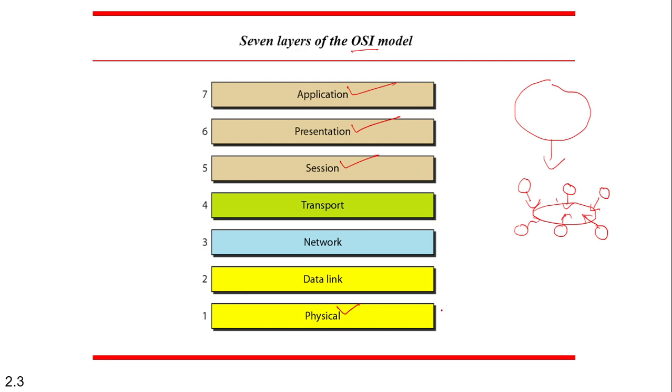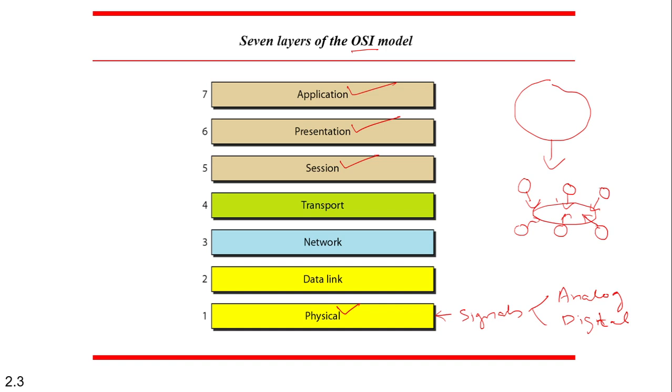The data present in this layer is in the form of signals. The signals may be analog signals, or they may be digital signals. So this is the physical layer, but we will explore more about the physical layer in our future videos.